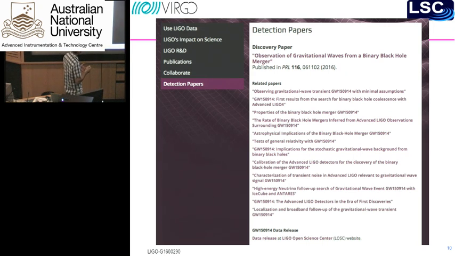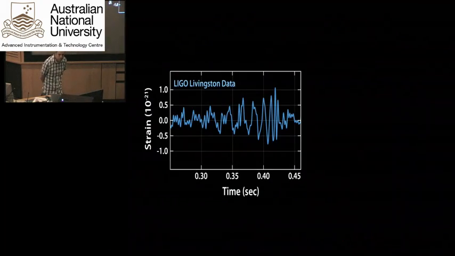And it came with 12 companion papers, which have all of the details of various other aspects, both of the detection and of the detectors. So there are papers that characterize the detectors and describe them a little bit more, and then there are papers that characterize the noise, the calibration, and then there are papers that go into deeper analysis of the particular source, which we've called GW150914.